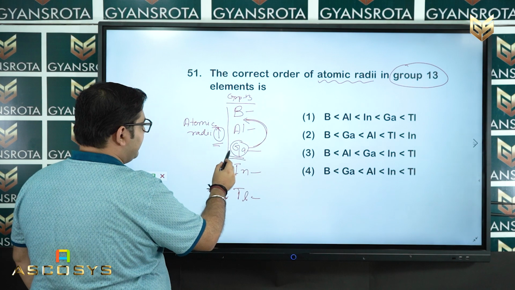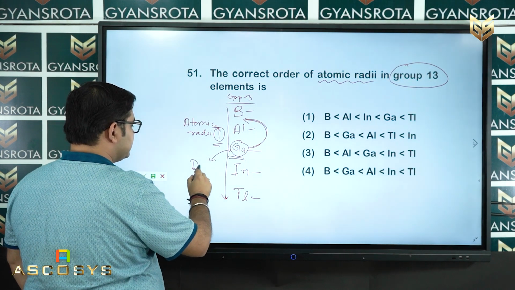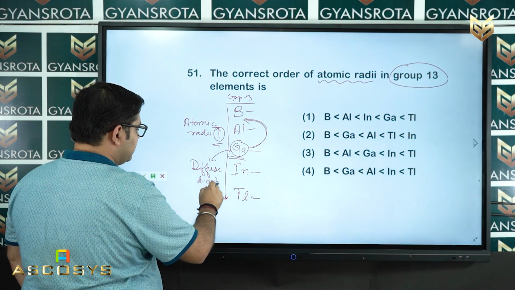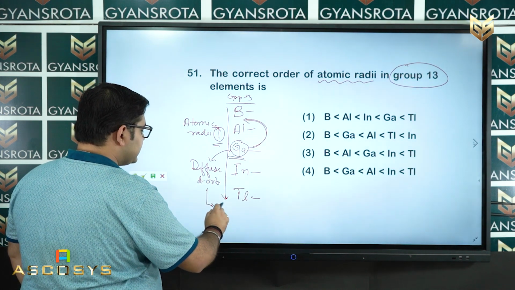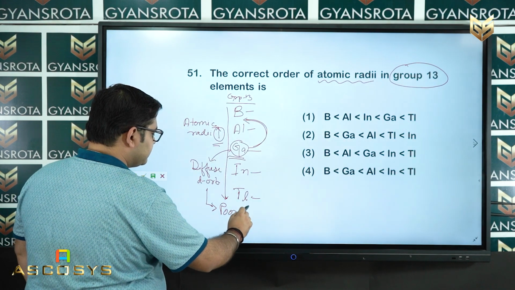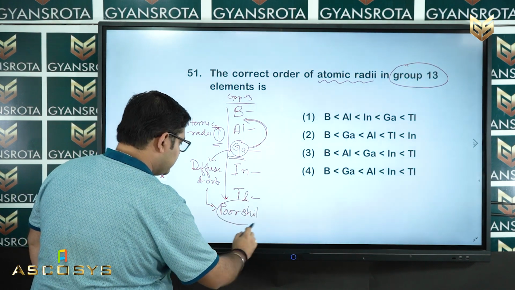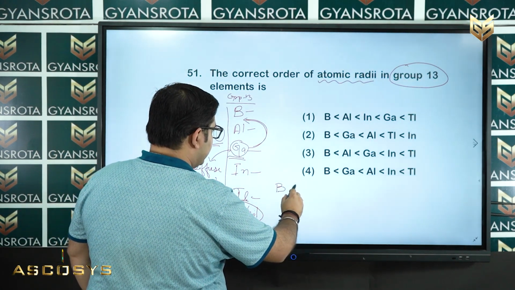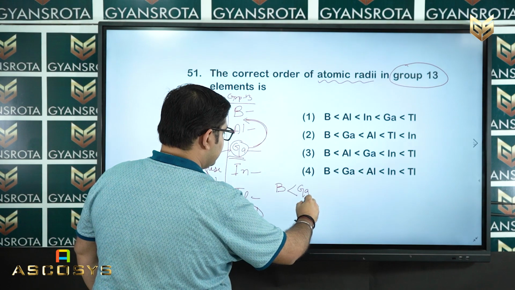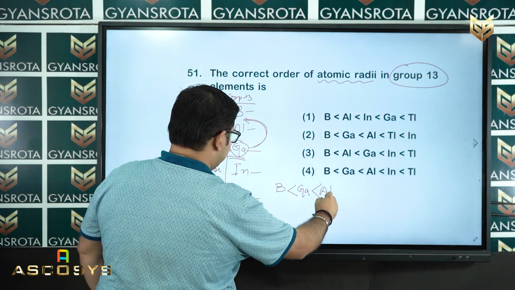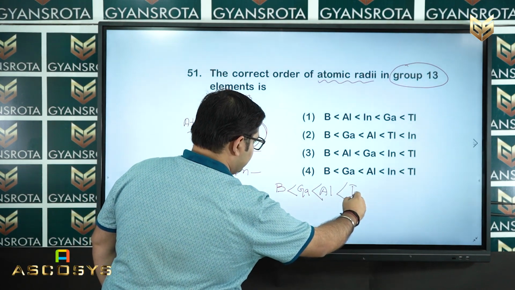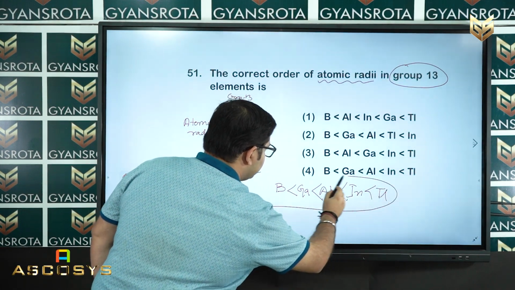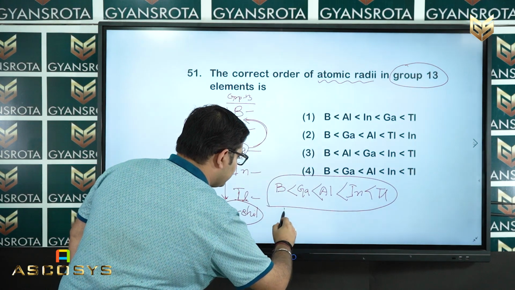Because gallium has diffuse d orbitals which show poor shielding. Okay. So, what should the order be? Your boron, then gallium, then aluminum, then your indium, and then the remaining part. So, this is the atomic radius order.